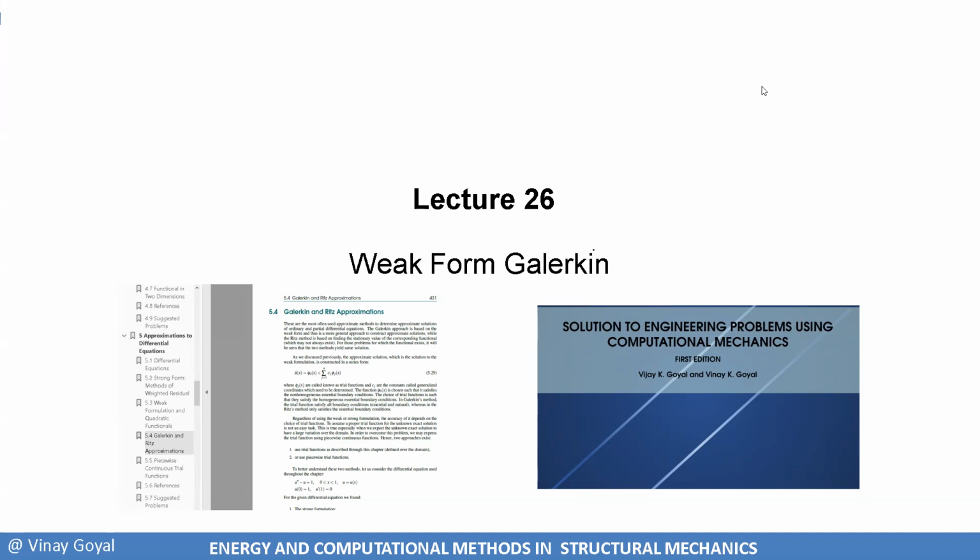And then we discussed the strong form Galerkin. In the strong form Galerkin, what we learned was that you can start from the differential equation or partial differential equation directly. And from there, you can formulate an approximate method to solve it by creating a residual function. And that residual function is made orthogonal to the space of basis functions.